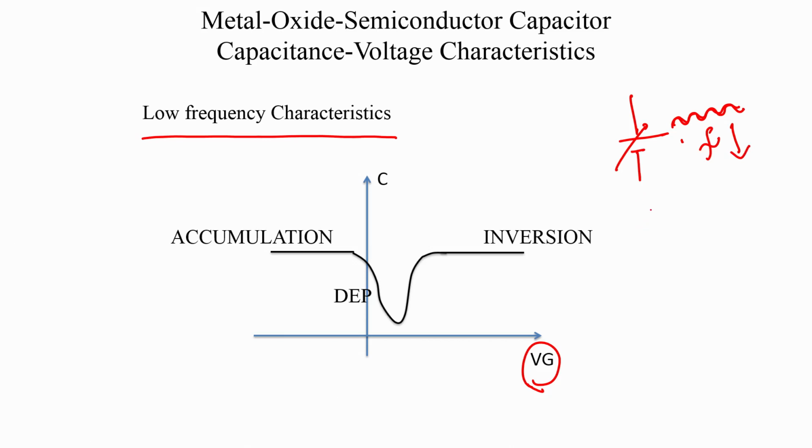What do you mean by low? It implies that the electrons in inversion, we are only interested in inversion when we talk about the frequency, have enough time to be thermally generated and to appear at the interface in order to respond to the fluctuating AC signal.